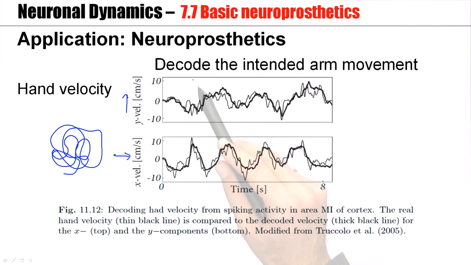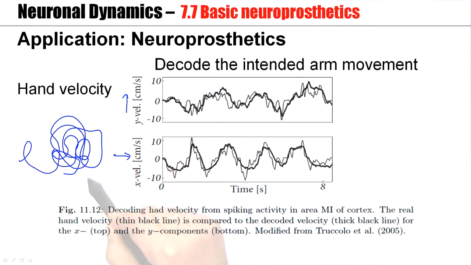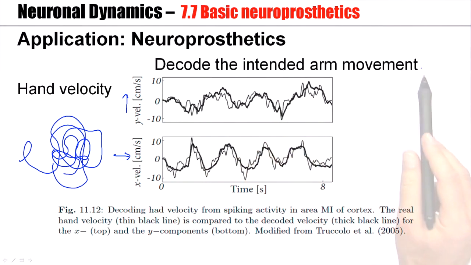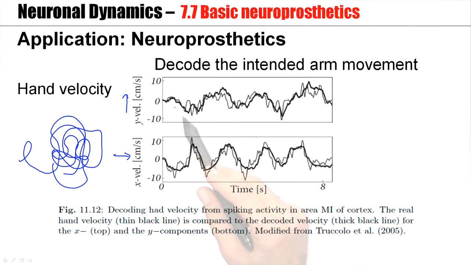Later, you just look at the spikes and you try, for a new movement, to predict the intended arm movement. And you see that the actual movement and the intended movement are very, very similar.